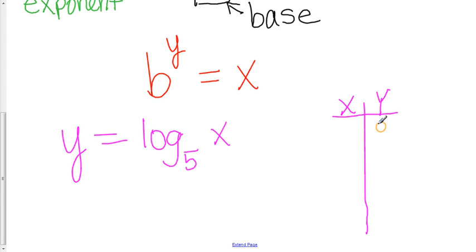Say 0, 1, 2, 3, and -1 and -2. And so now if you put a 0 in here, rewriting this, it's going to say 5 to the 0 equals x. And 5 to the 0 power is 1. So in a logarithmic function, (1, 0) is a coordinate when the base is 5.